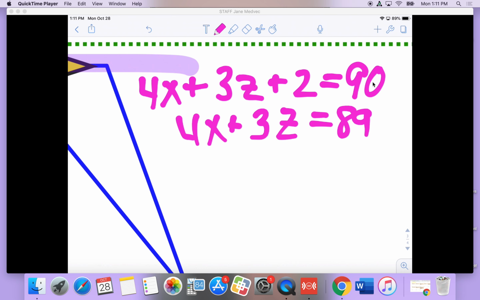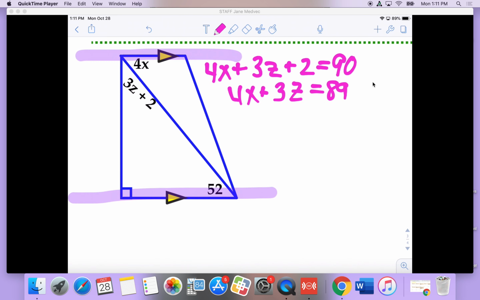How do I solve for x and z? I can't, can I? I got too many variables. So there's one more piece to this problem that I need to take care of before I finish this part. Okay, so what part are we missing here?